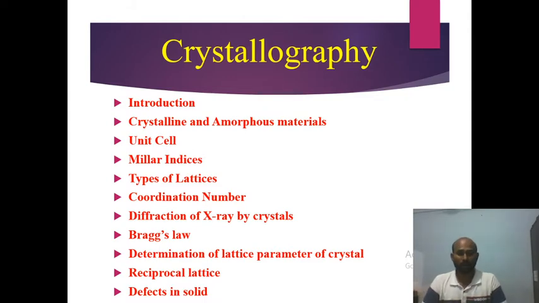We previously saw the types of lattices. Then what is a reciprocal lattice? It's the opposite of that lattice. Next we see defects in solids. There are different defects in solids: point defect, line defect, and area defect, means screw dislocation. So many things we see in the solid defects.